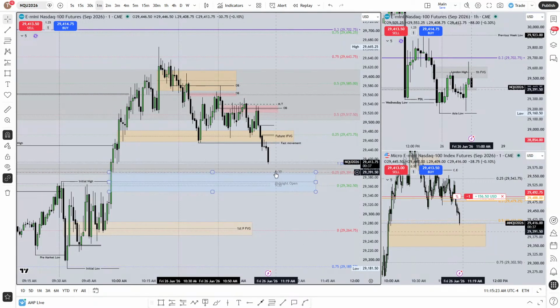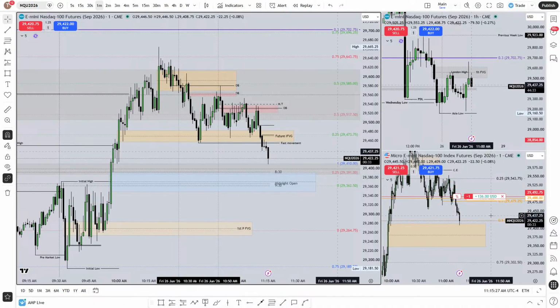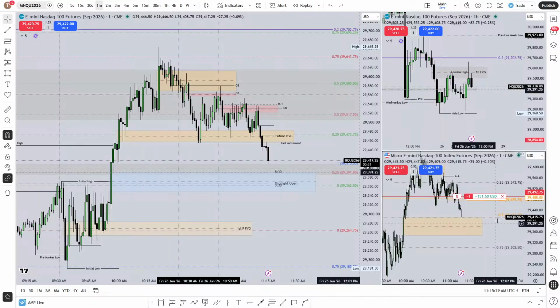I really want to see if we can hit the high of this, but I am ready to just take it off because we hit the midpoint of the first hour dealing range.